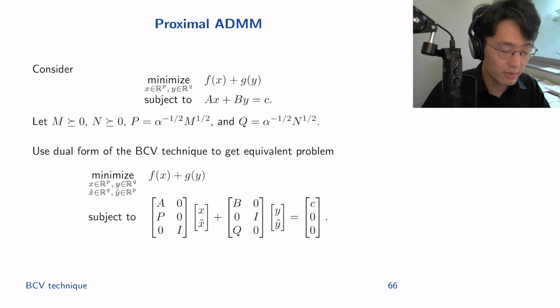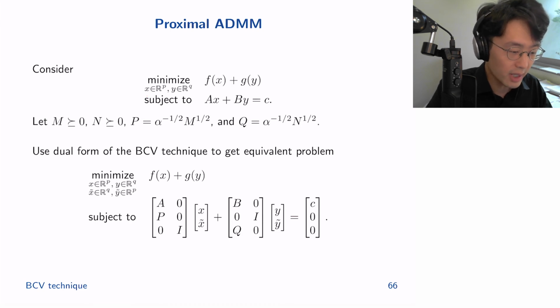This is the optimization problem that was considered in the ADMM setup, where we minimize f of x plus g of y, where x is of length p and y is of length q, and the x and y variables are coupled. They are related to each other through this linear equality constraint Ax plus By equals c.